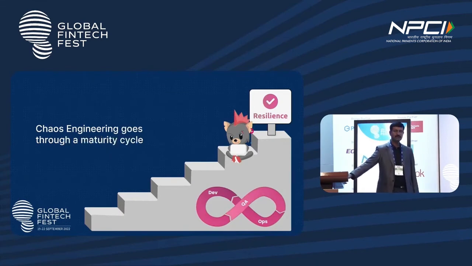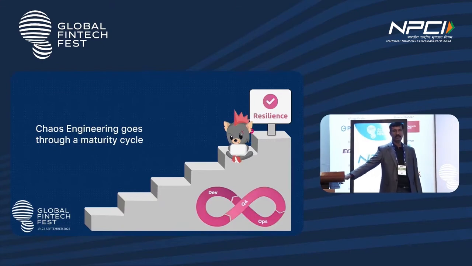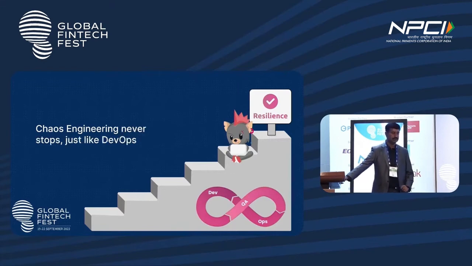And it also goes through a maturity cycle, right? Chaos engineering, I'm practicing at a beginner level or a medium level or at an expert level, right? It goes through the maturity cycle. And chaos engineering never stops. You can never say that I'm done with chaos engineering, because the moment you say you're done with chaos testing, there are possibilities of new changes being introduced, and there are new outages that can happen, right?